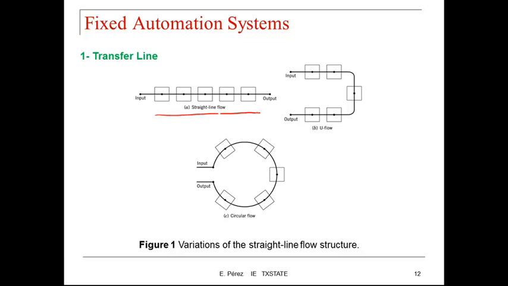Then we have the U flow, which is also sequential, but in these cases you might want to have the input and the output in the same area of the facility. And then we also have a circular flow, which is also sequential and also gives you the input and the output in the same place.